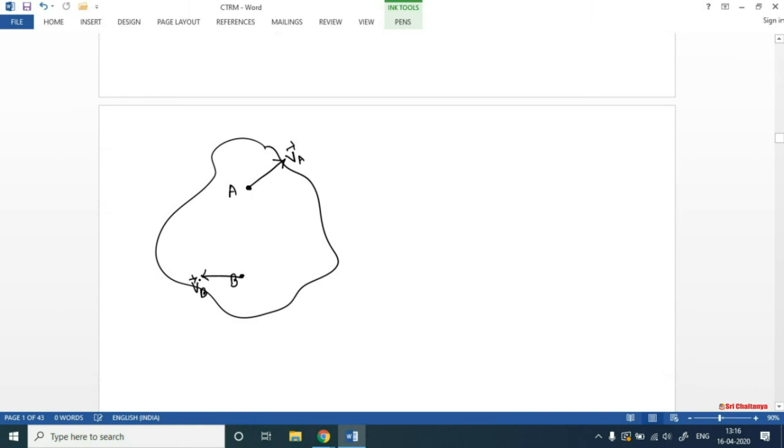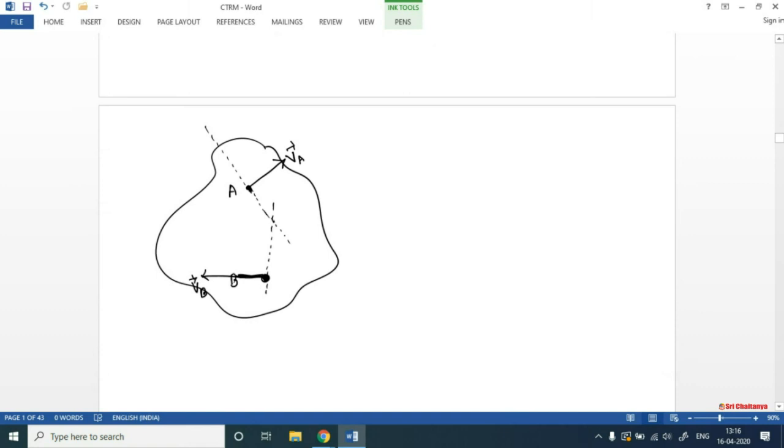We have already learned that the instantaneous center of rotation is going to lie on the line perpendicular to VA passing through A. It is going to lie on the line perpendicular to VB passing through B as well.